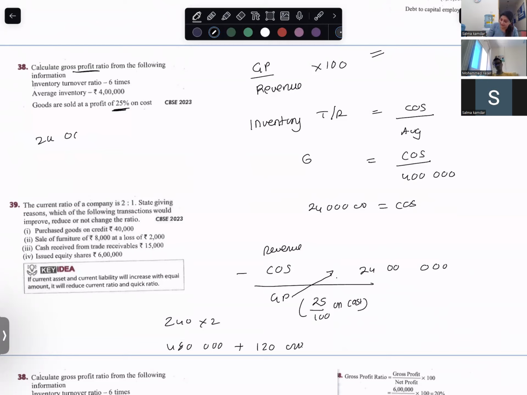If you cannot do it orally, multiply 24 lakh into 25 by 100, cancel the zeros and you will get the answer. So 6 lakh is your gross profit. For revenue, you will go in reverse: 6 lakh plus 24 lakh, 30 lakh will be your revenue.